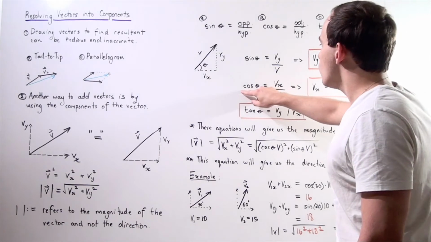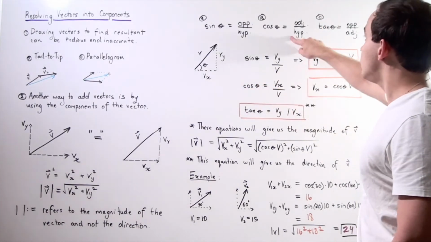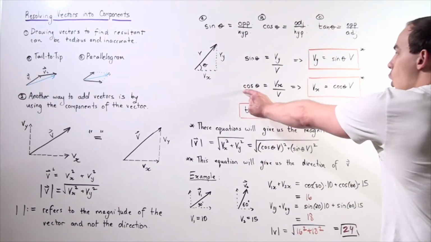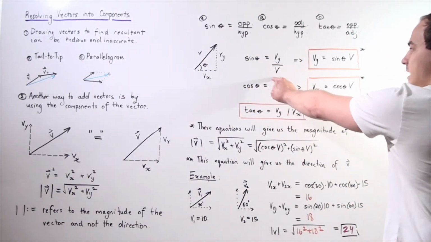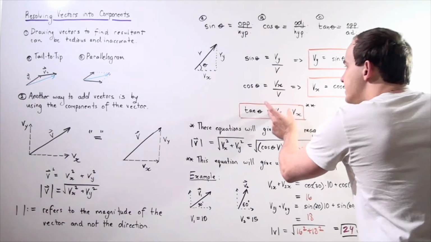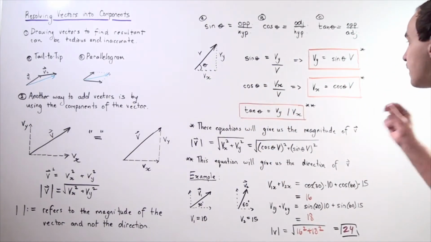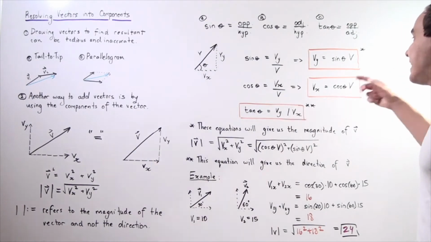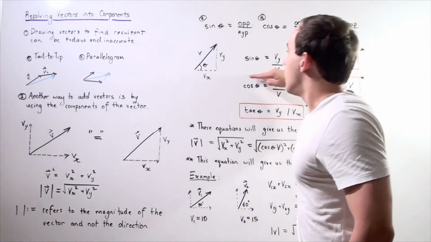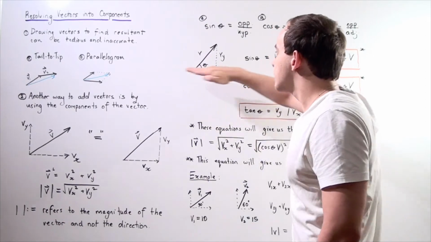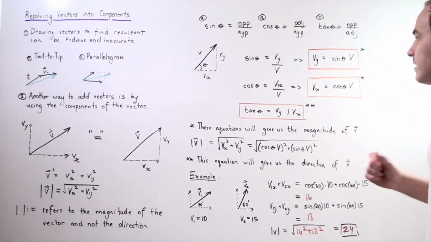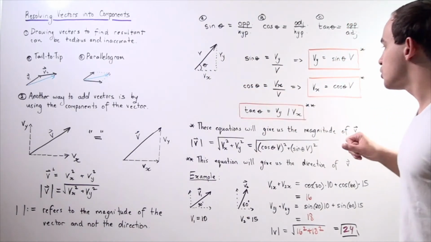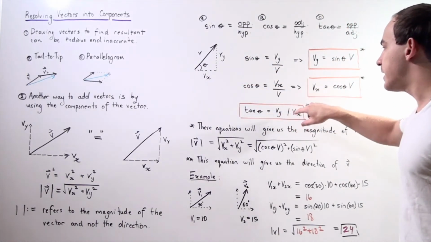In the same way, cosine theta is equal to the adjacent, vx, divided by v. I bring v to this side and see that if I know my magnitude v and my angle, I can find the magnitude of the x component vector. Finally, the tangent of this angle is equal to vy divided by vx.